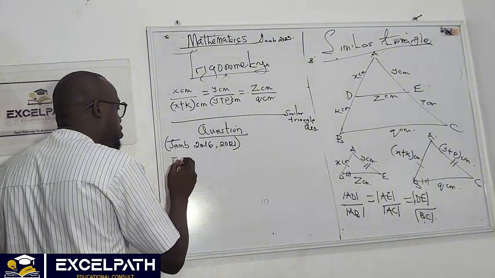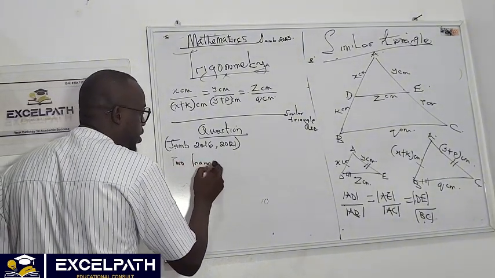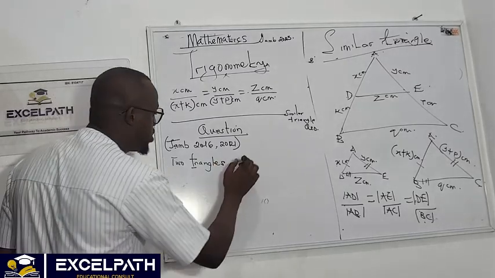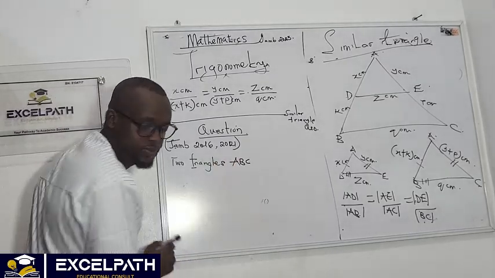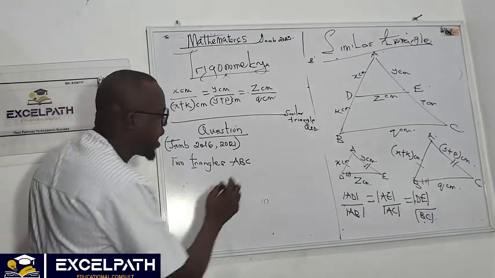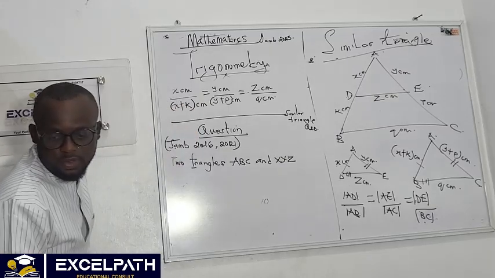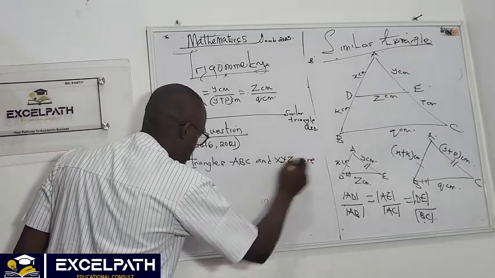They set two triangles. I'll write it on the board. Triangles ABC and XYZ are similar.